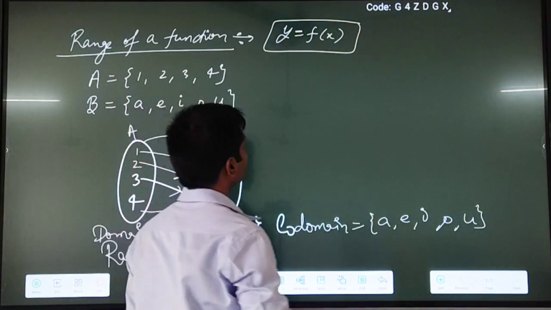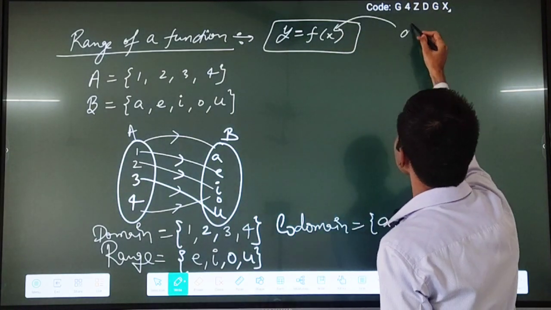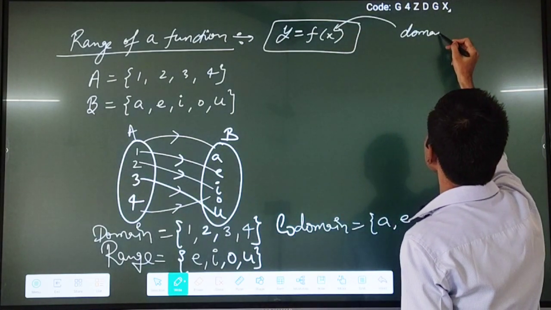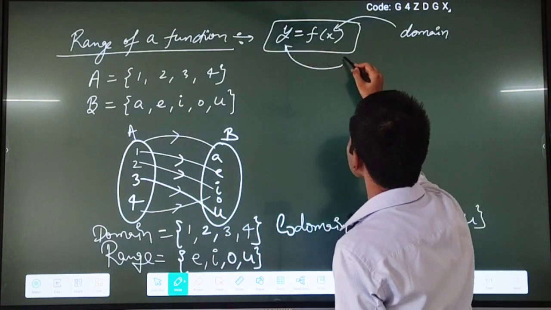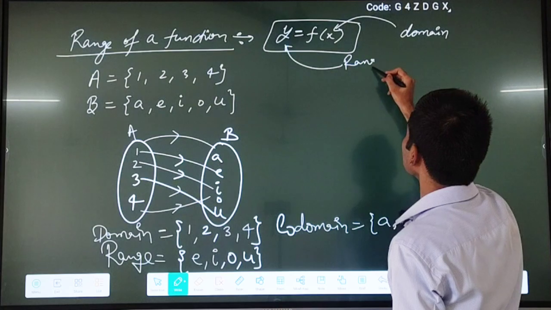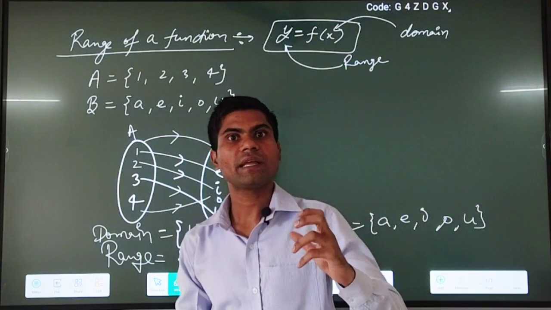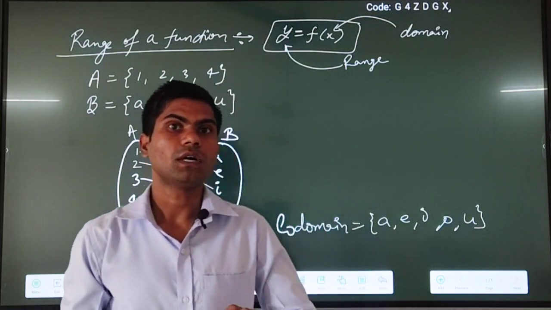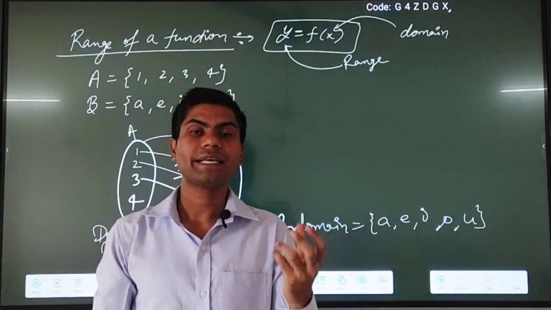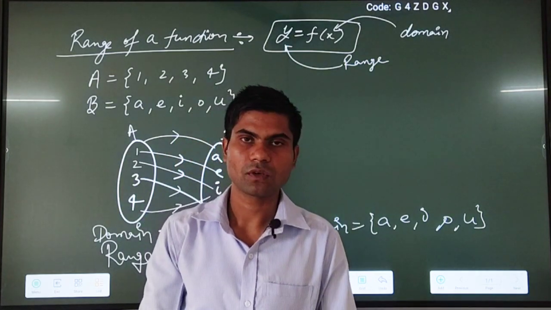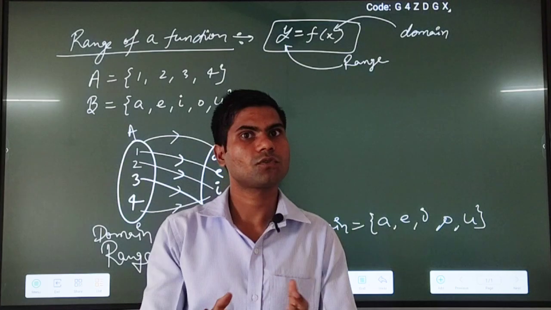Here x means domain and y means range. Okay, in 12th class there are so many types of functions. Sometimes range is equal to codomain and sometimes range is a subset of codomain. We will discuss this in detail when we discuss types of functions.